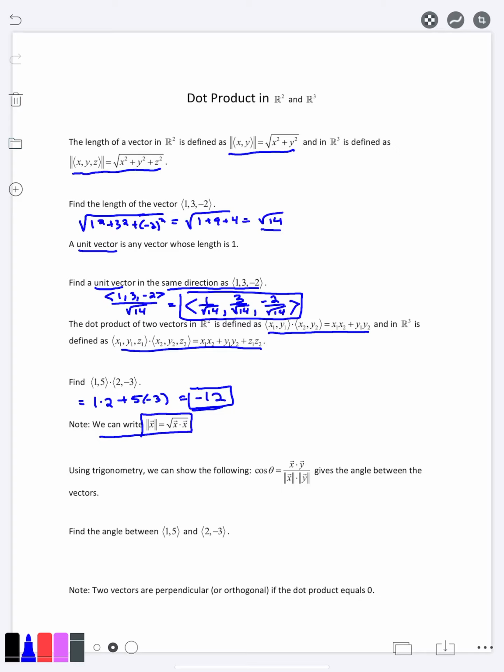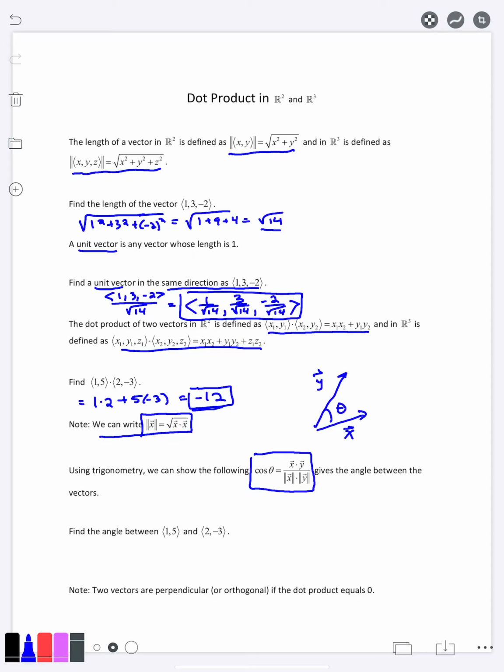Okay. Now this next one up here is also another important formula. It gives us a way to calculate the angle between two vectors. So if you have some vector x in this direction and some vector y in this direction, we don't care how long they are here, and you have this angle theta between them, you are guaranteed that cosine of theta is going to equal x dot y divided by the length of x times the length of y.